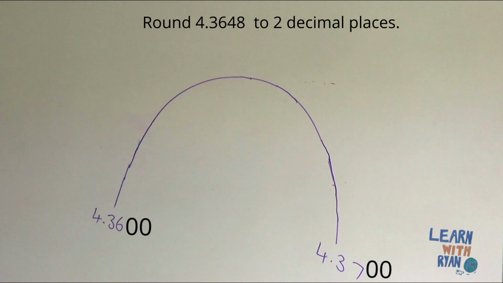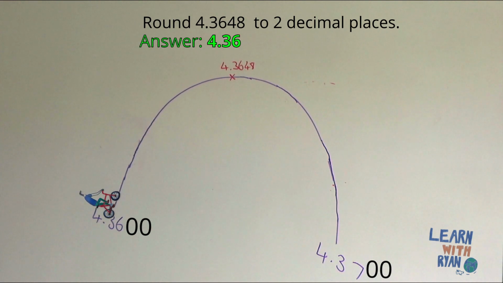So we can clearly see that 4.3648 is going on the left-hand side. And in fact, it's just under half, isn't it? Because our halfway point is 4.365. So 4.3648 is going here. So imagine you're pedaling, and then you end up at that number. And you stop pedaling, and because it's less than half, you're going to slide all the way down to 4.36.